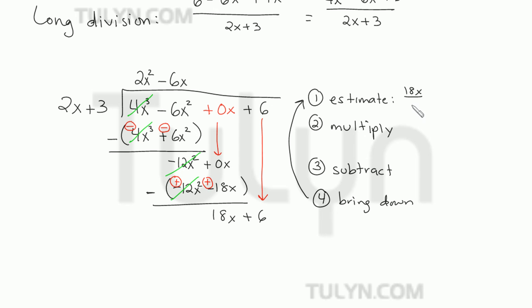So 18x over 2x is just going to give us 9, right? So we want to add a 9 here. I should have done that in blue, but what can you do? So the next step is to multiply 9 times 2x plus 3. We end up getting 18x plus 27.